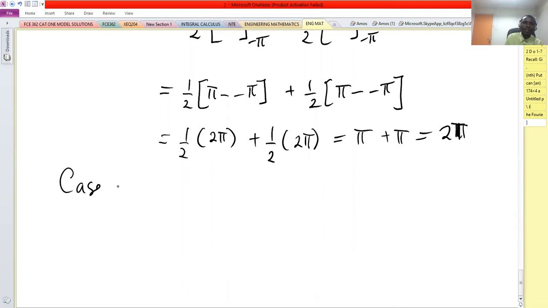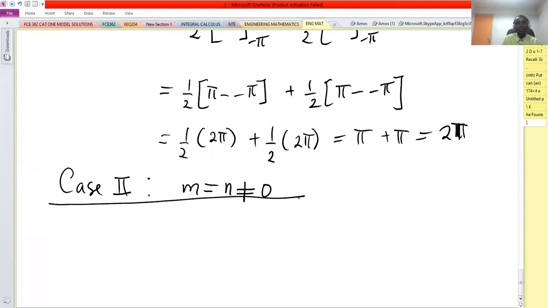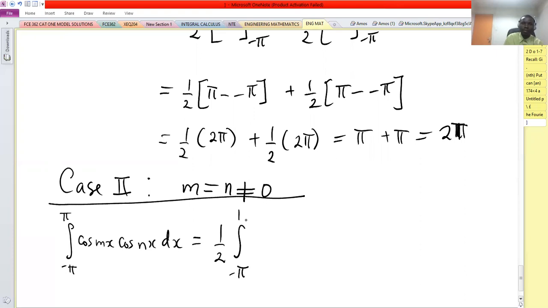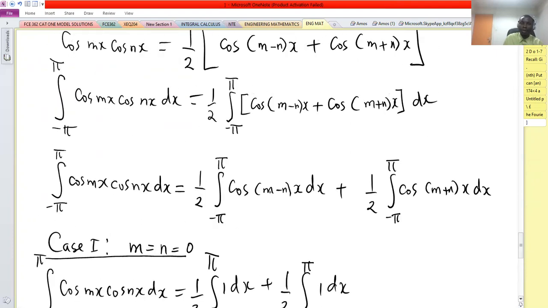Case two, we take m equals n, but all of them are not 0. So the integral from minus pi to pi of cosine of mx cosine of nx dx will be a half integral from minus pi to pi. Now, when m equals n, m minus n will be 0.